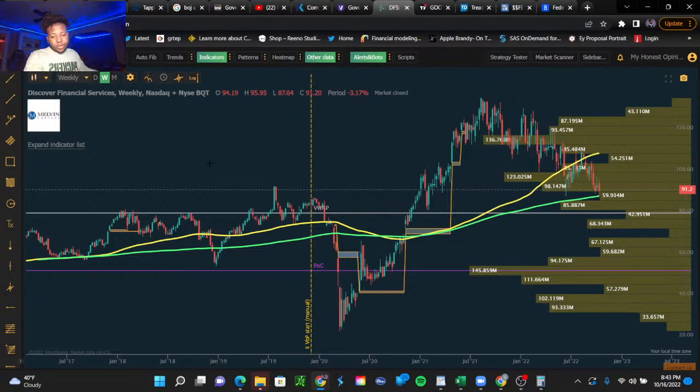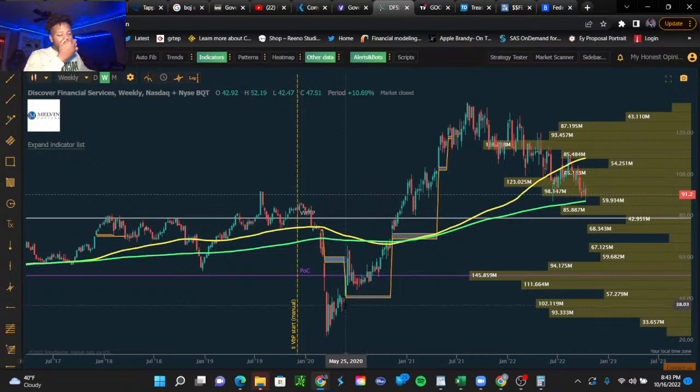Probably one of the greatest trades. So you see this? I bought 98. I bought $95 calls when this thing was trading at $20, for Discover Financial. They were so illiquid. Wasn't no liquidity in them boys.